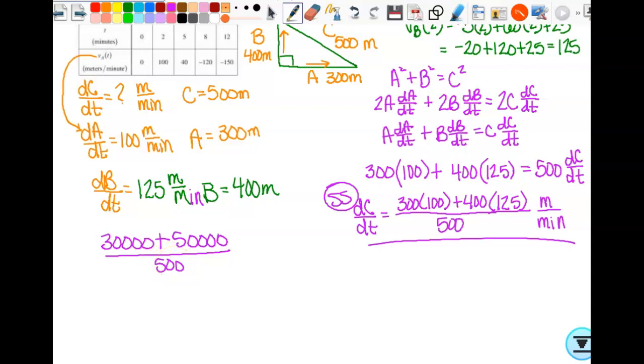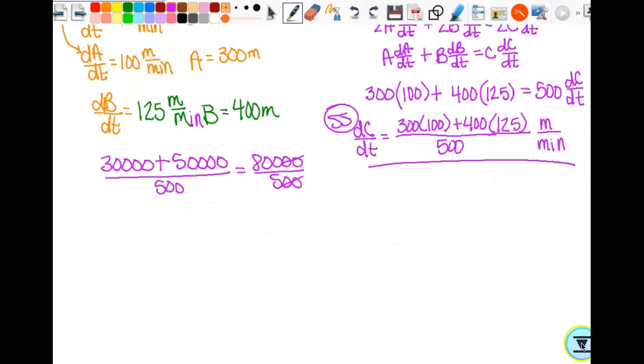So that is 80,000 divided by 500. You can divide the top and the bottom by 100. So then I just have 800 divided by 5. 5 goes into 8 once with 3 left over. So that would be 30, so then that would be 6 and then 0. So it's 160 meters per minute.